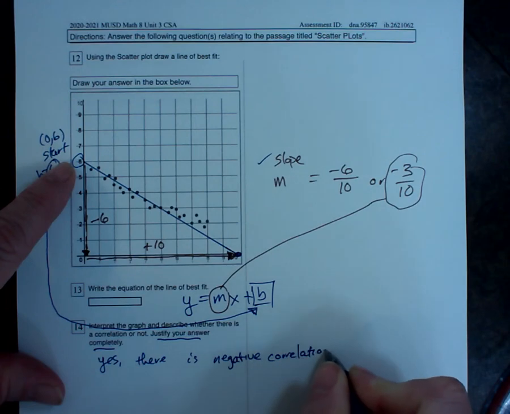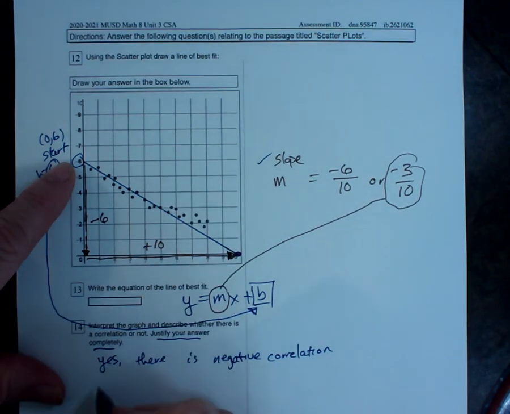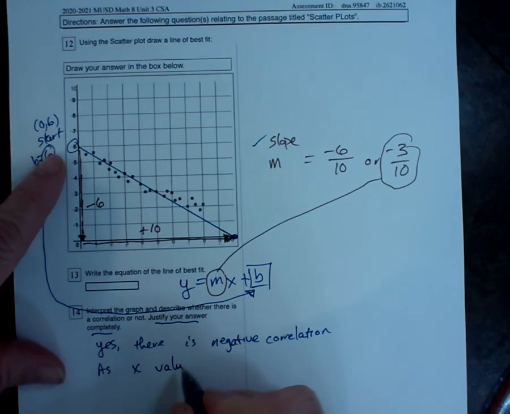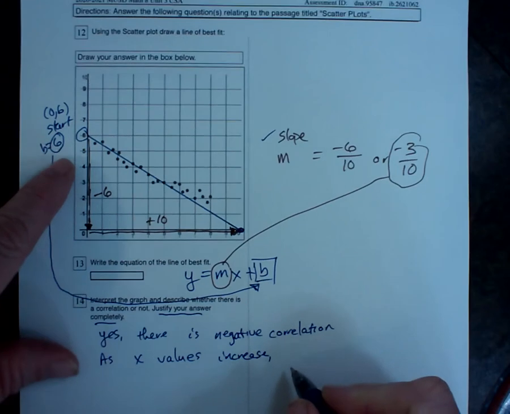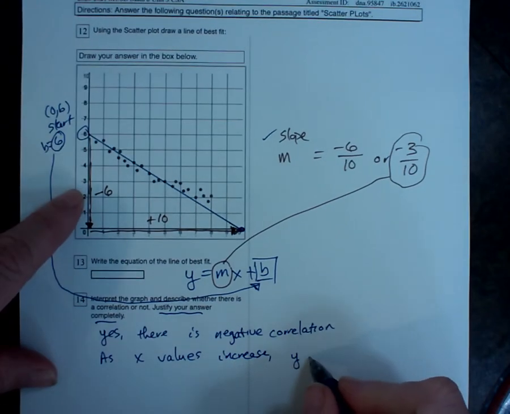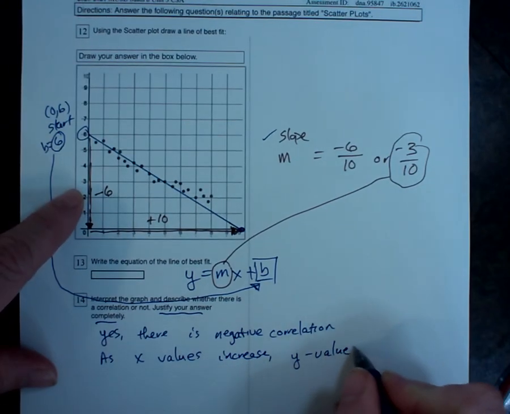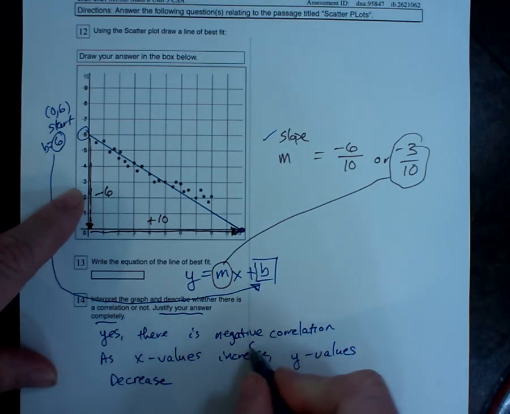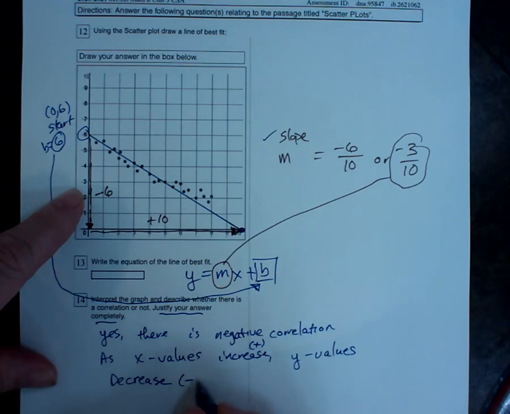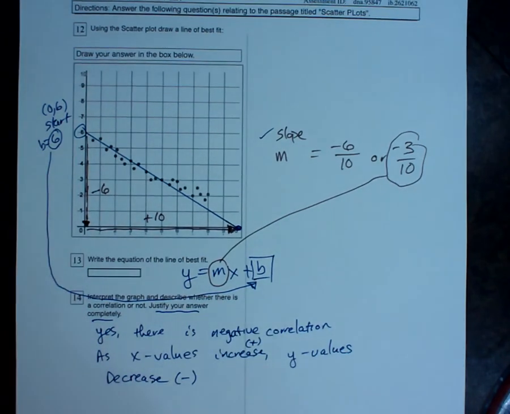You can say as x values increase, the y values decrease. So increasing is positive, decreasing is negative. The net effect is that you have a negative correlation.